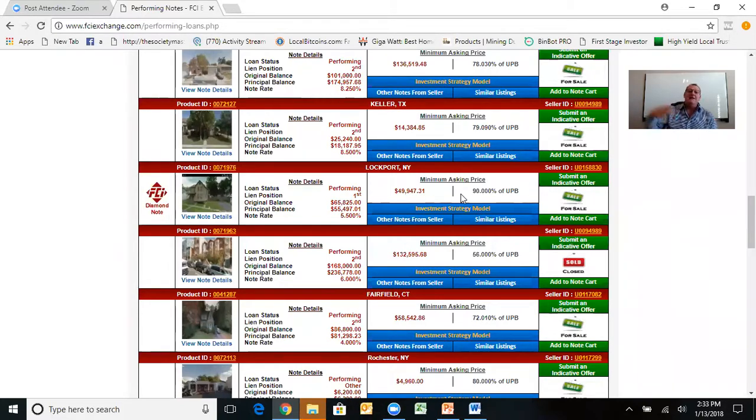So if somebody's asking $300,000 and the houses in the neighborhood are selling for $260,000, then they're above market pricing. Well, we have market pricing as well in the note business. In the note business, we're typically buying first lien performing notes anywhere between 70 and about 88 to 90%, sometimes 92.